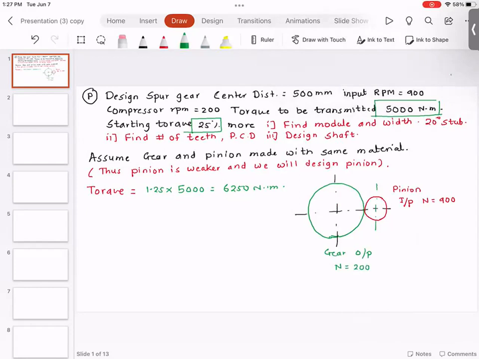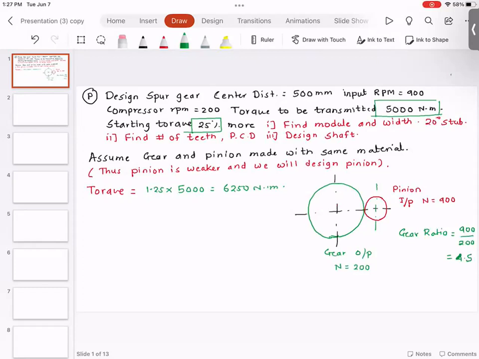Now, since the speed values are given to us, the gear ratio is 900 divided by 200, which is 4.5.